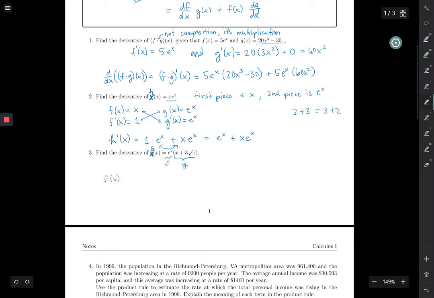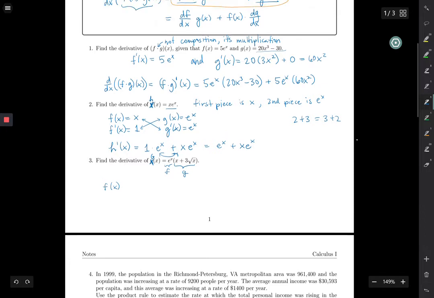That means that f is going to be e to the x, and g is going to be x plus 3 root x.